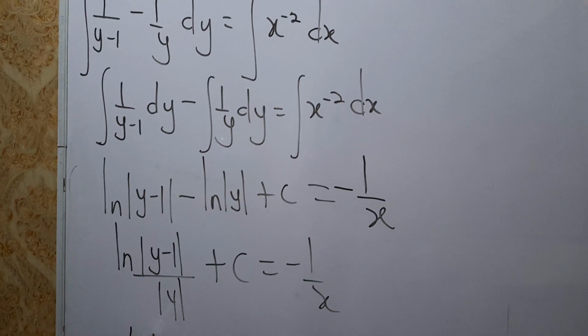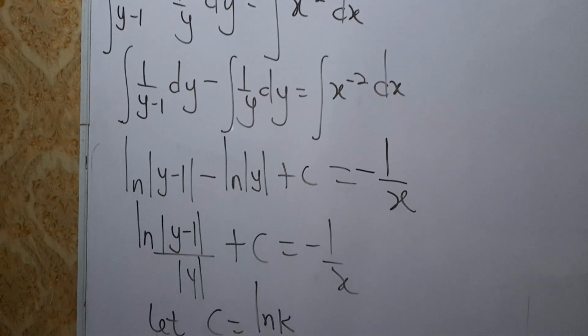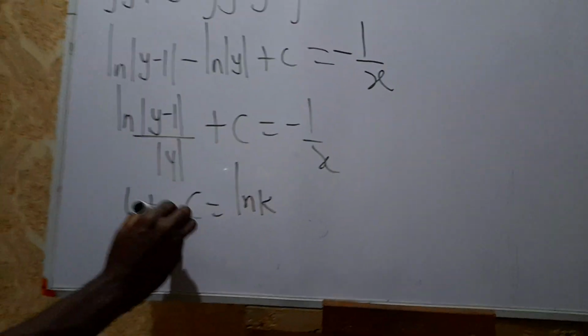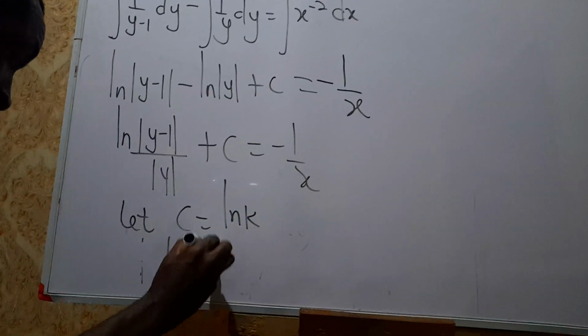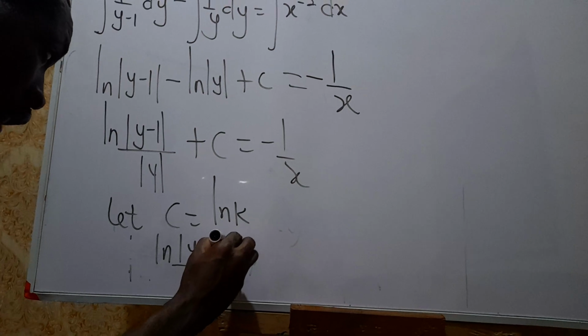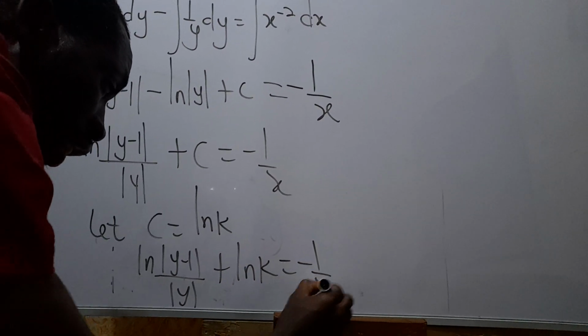We can say let c be equal to ln k. So when we say that, we can now say ln absolute value of y minus 1 over ln y plus ln k is equal to negative 1 over x.